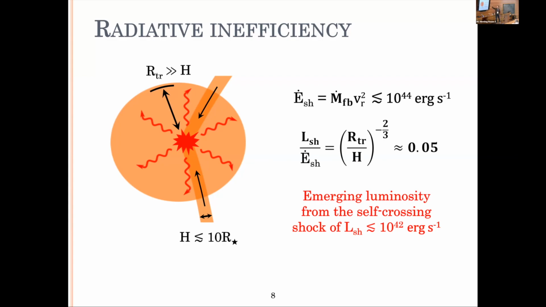So when you combine these two equations, typically the shock luminosity would be of the order of 10^42 erg per second. But I want to emphasize that this depends on parameters, and there may be some preferable region of parameter space where this could lead to a larger luminosity and maybe also a precursor for TDEs. I can refer you to the work of Shoshan, who did some more detailed work on that.